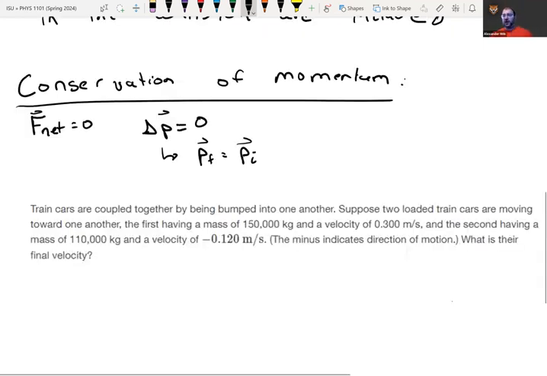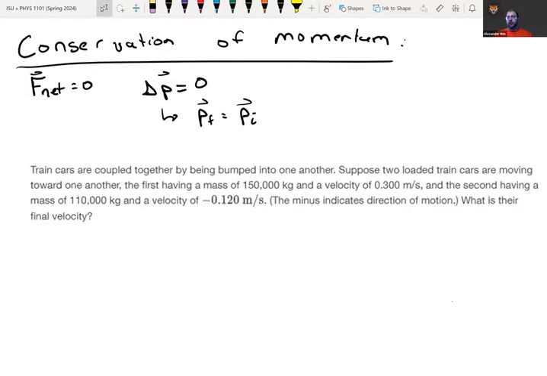All right, so we have train cars that are coupled together by being bumped together. Suppose two loaded train cars are moving toward one another, the first with a mass of 150,000 kilograms at a velocity of 0.3 meters per second, the second having a mass of 110,000 kilograms at a velocity of negative 1.2 meters per second. The minus indicates direction of motion, okay?